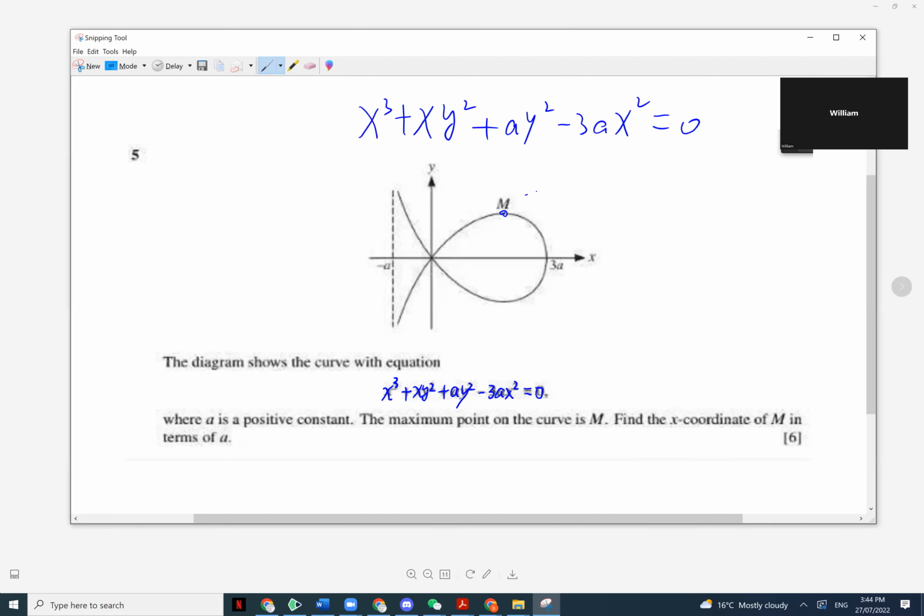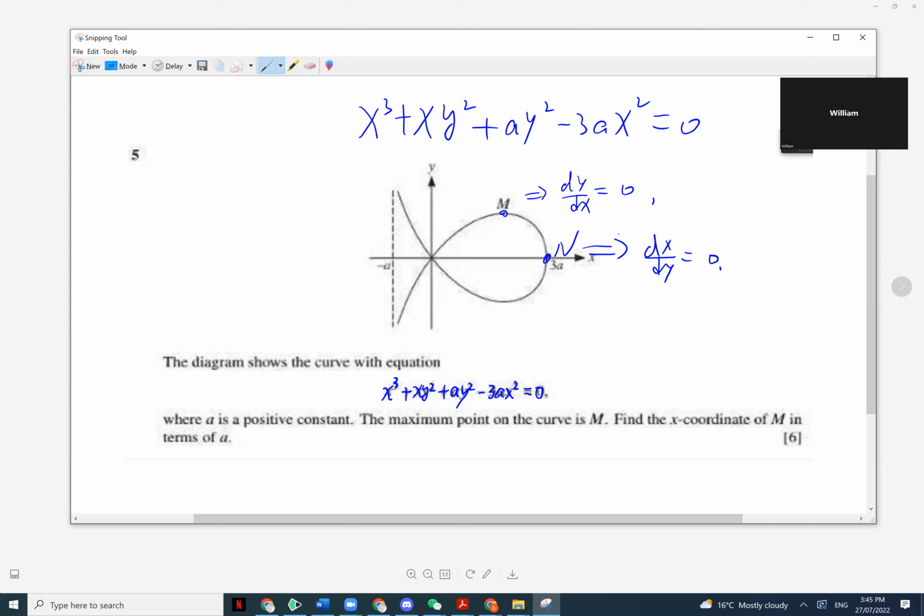For this point, we need dy/dx equals 0. For this point, we need dx/dy equals 0. Do you understand that? Because the question didn't ask about this point. If we need to discuss it, the gradient doesn't exist.